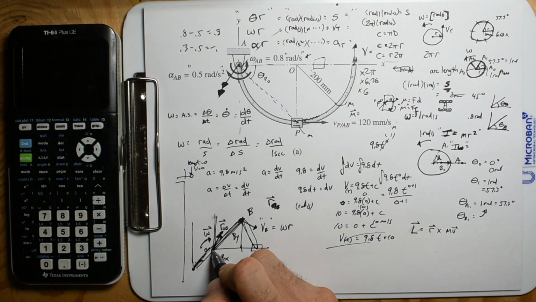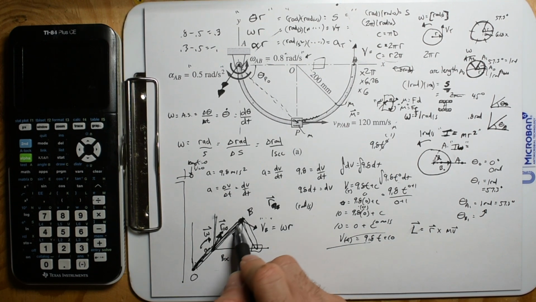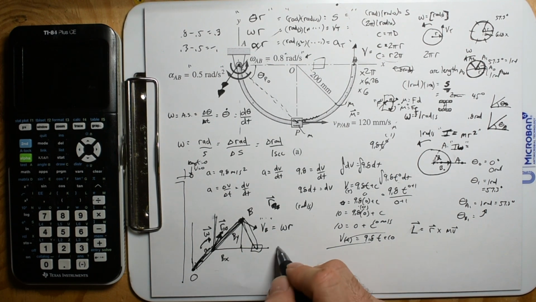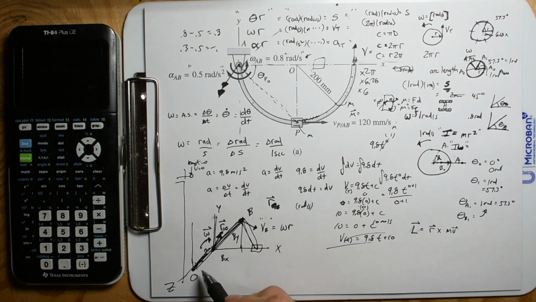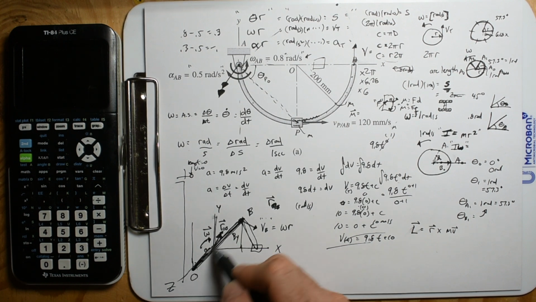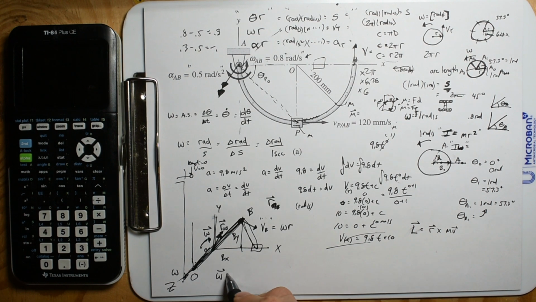But what happens is this radius vector from this point, if this is the origin, and we have our x, y, and then here's our z-axis. Now this position is going this way. But we're still rotating, and our omega vector is still just right here. Omega is going to be 0.8, and it's going to be in the z.